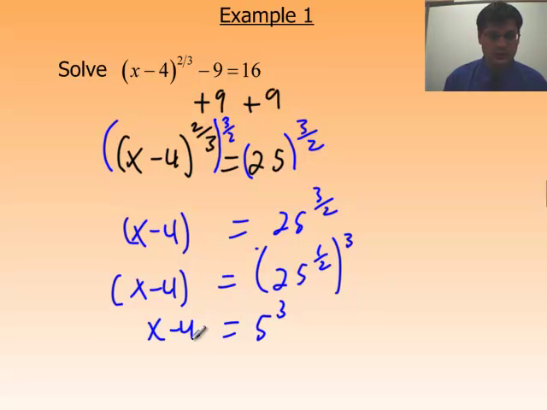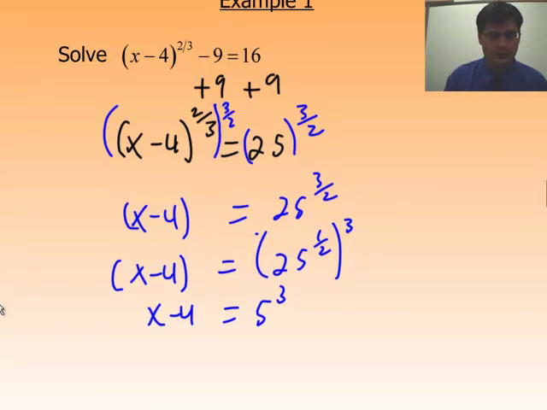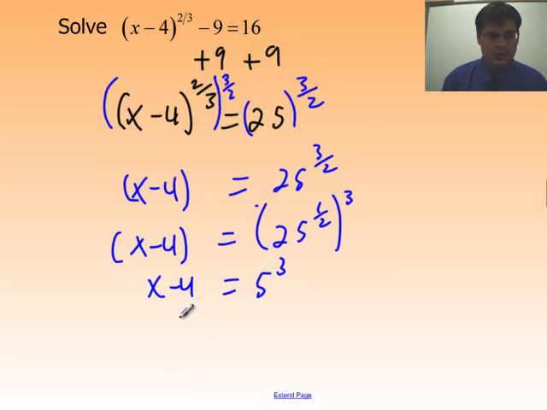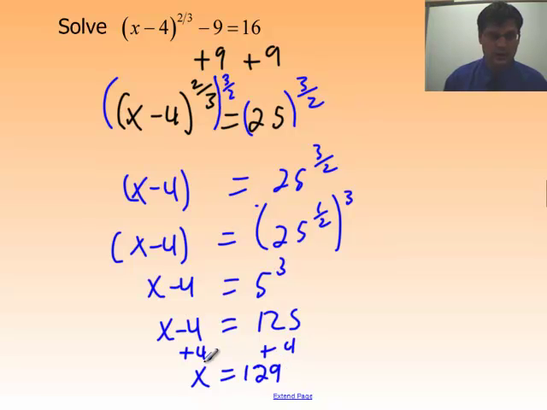I really don't need the parentheses anymore. 5 cubed gives me 125. So I'll have x minus 4 equals 125. I add 4 to both sides, and thus x is equal to 129. And that is my solution. I box that guy in.